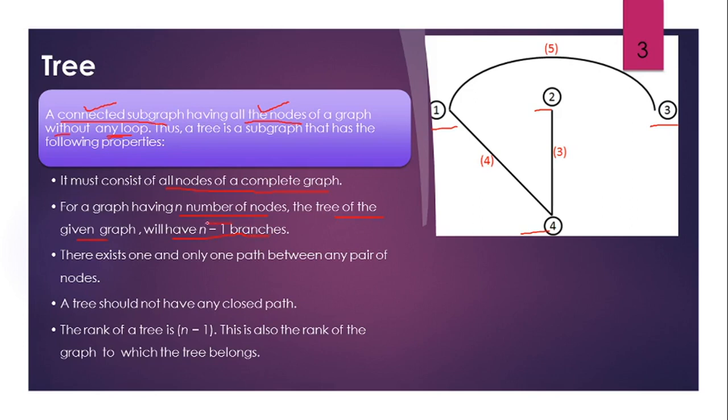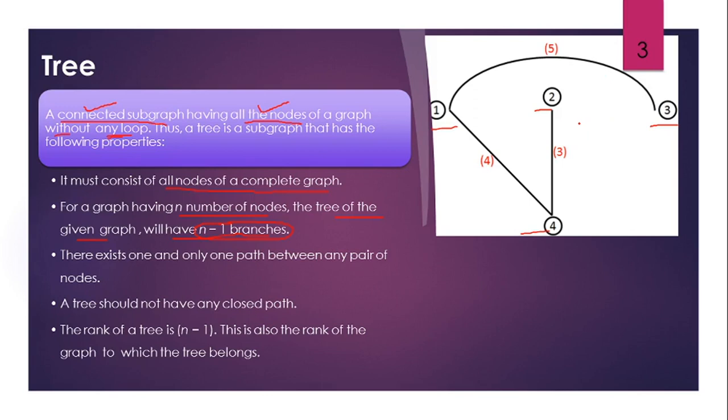Always note it. The number of branches in a tree is always number of nodes minus 1, because we need a connected graph. If we have 4 nodes, then to make a connected graph it will have 3 branches. To connect all 4 nodes we require 3 branches without having any closed loop.